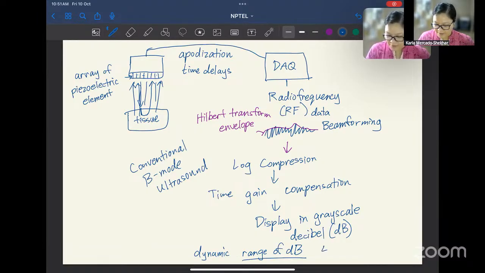Usually 40 dB display is there in the scanners, or even 60 dB, going all the way down to be able to view the tissues that are less scattering. So I hope this answers your question, Dinesh. These are the steps for how you post-process the ultrasound RF data after receiving them.